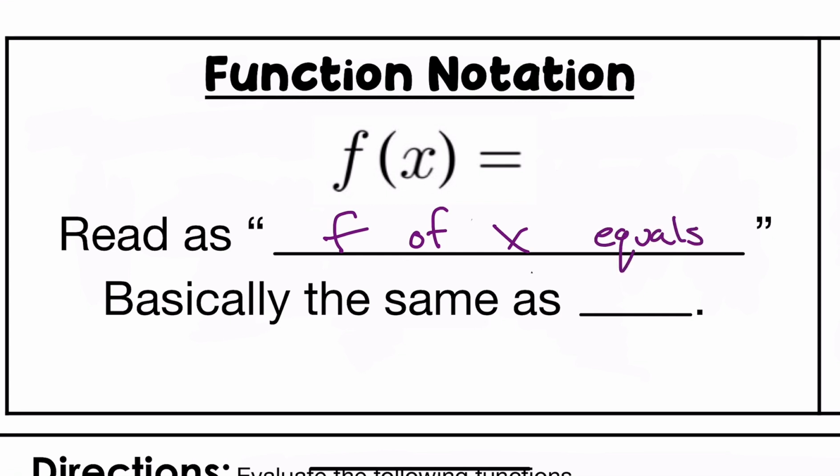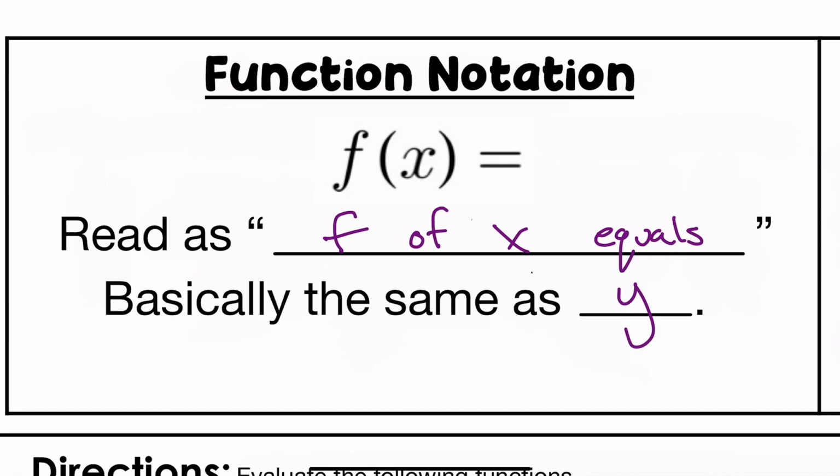So this is basically telling us that we are going to have a function of x, and whatever follows is going to be our function. Now this is going to act a lot like our y, so we don't need to change anything here. It's just telling us what we have, a function of x. So this is basically the same as our y, like I just said.